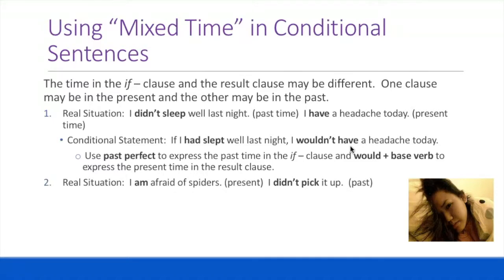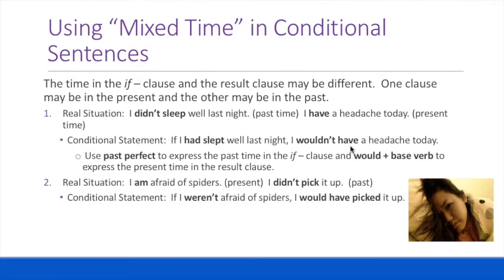Here's another example. I am afraid of spiders. This is the present. I didn't pick it up. This is the past. So a conditional statement for that is, if I weren't afraid of spiders, I would have picked it up.